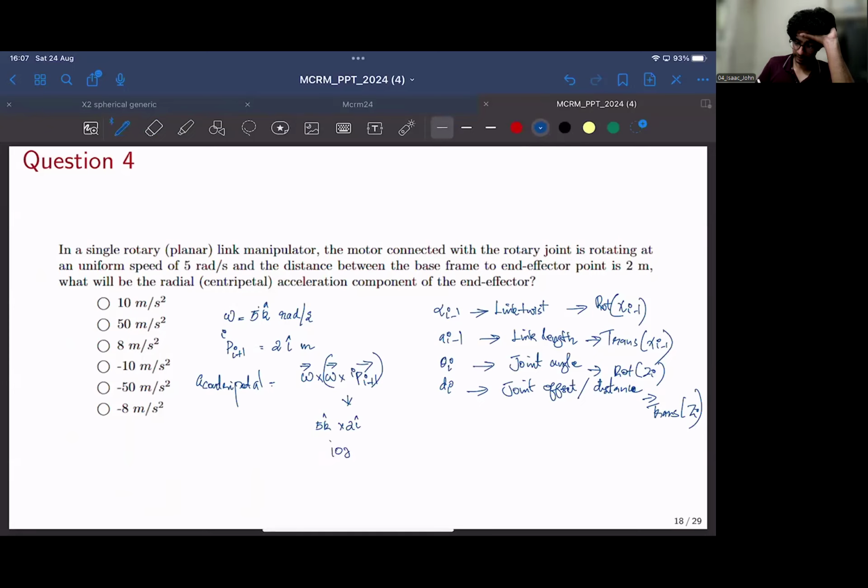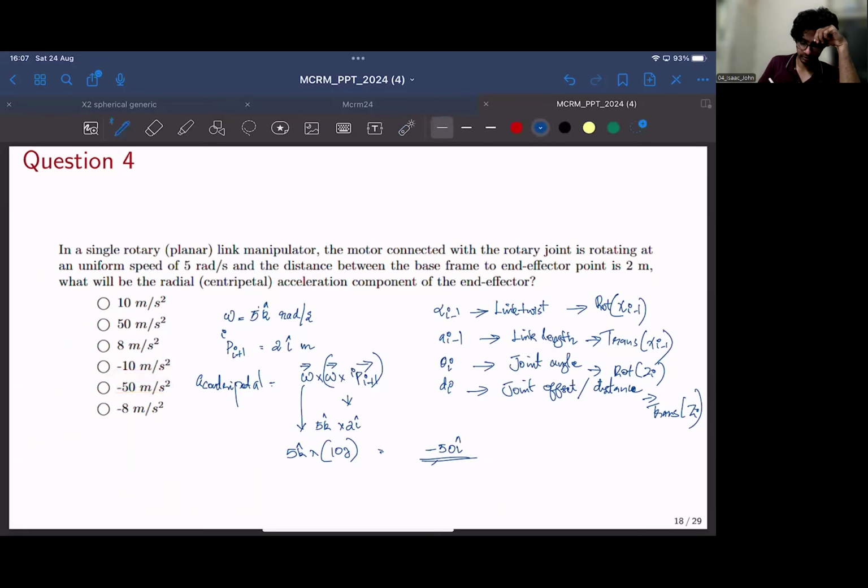10j. And we have to cross it again with omega. That is 5k cross 10j. That is 50 i cap. There is also a minus because k cross j is minus i. So you have 50 and 50, two 50s, but one is with a minus sign.